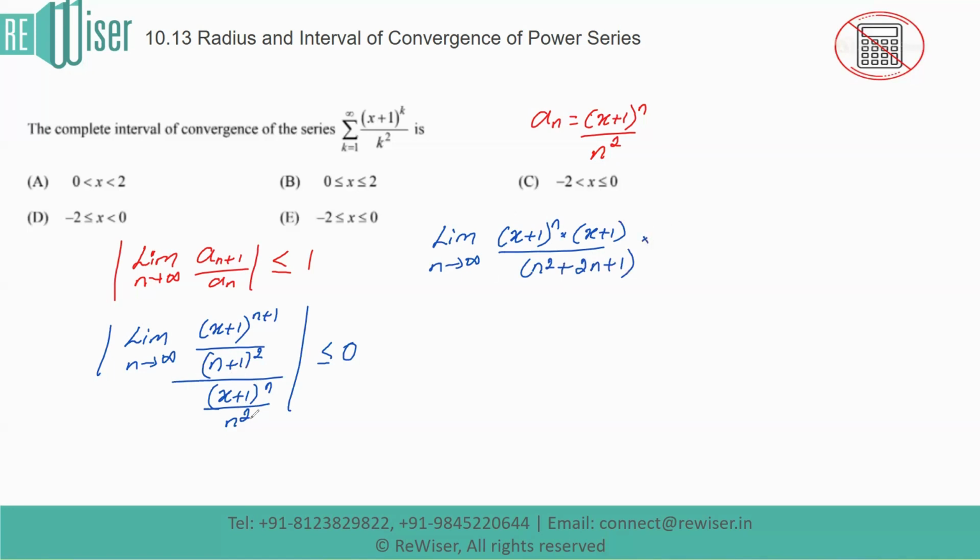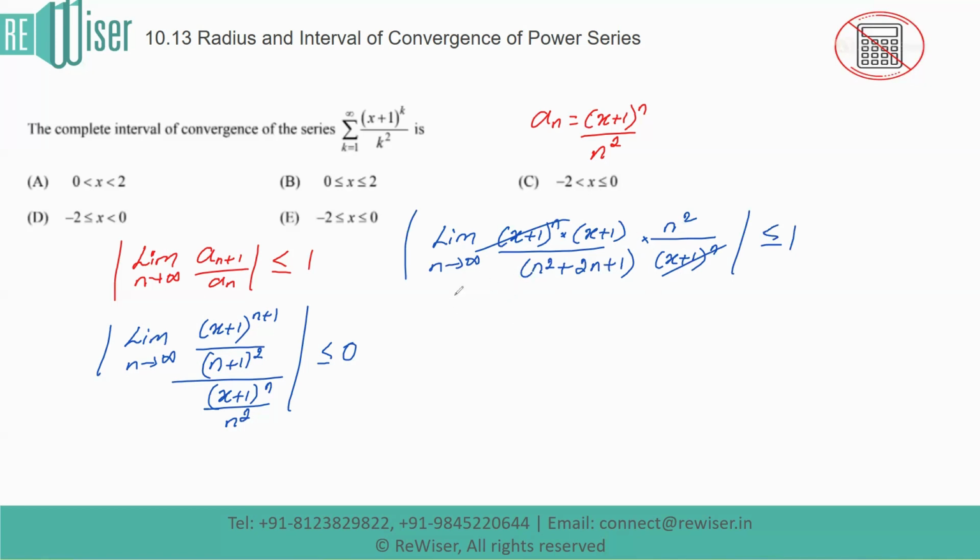Whenever I want to write this entire division as a multiplication, it has to be the reciprocal, so n squared divided by (x+1) to the power of n. Here, these things can get cancelled out.